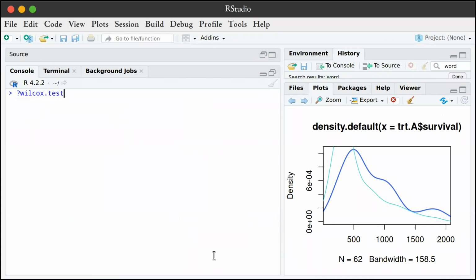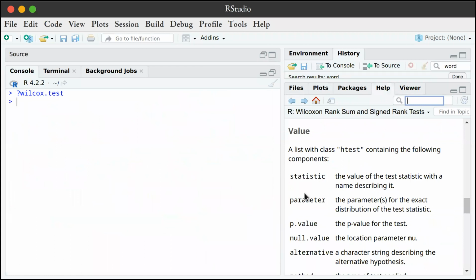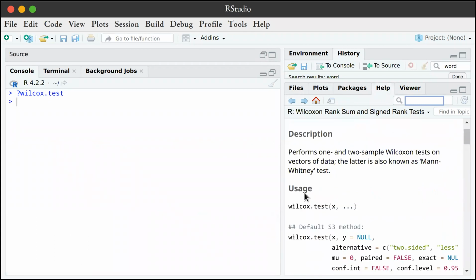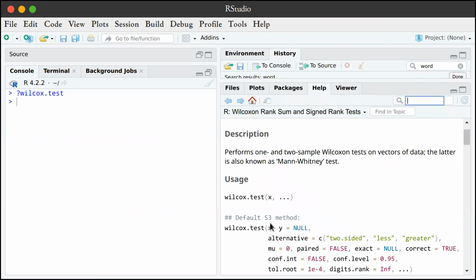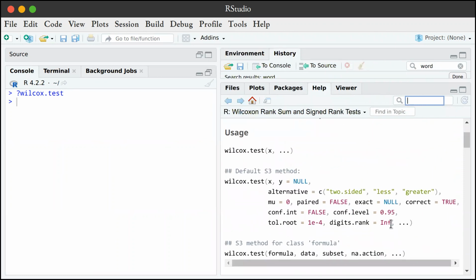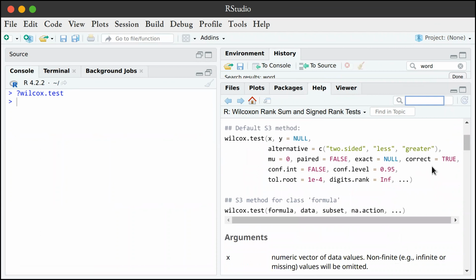Hopefully it shows up here. So here there is an option called correction.